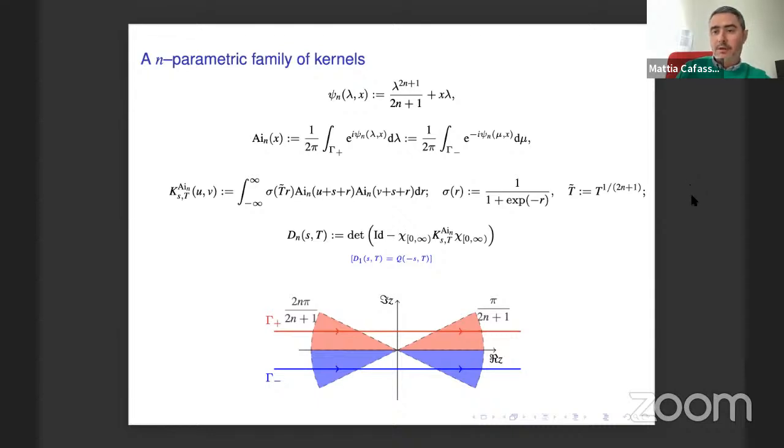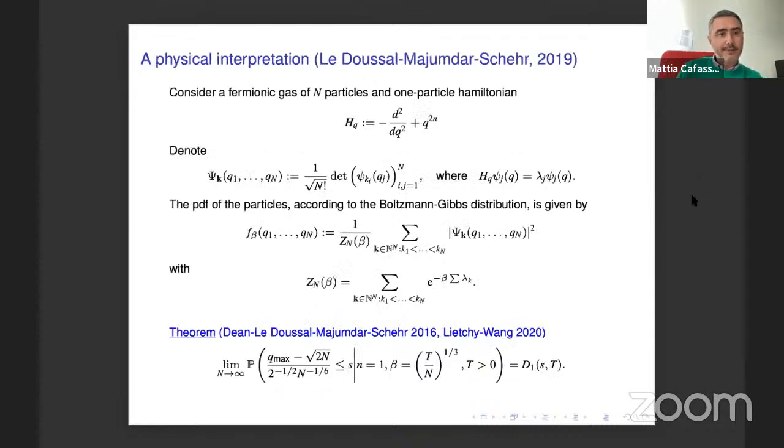So this is not just a generalization for the mathematical sake of generalization. The reason why we are interested in it is that this kind of Fredholm determinant appeared in the physical literature, especially in a paper by Le Doussal, Majumdar, and Schehr in 2019. And I will try to give my understanding of the physical meaning of this Fredholm determinant.